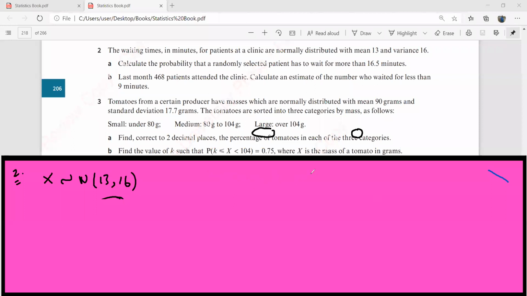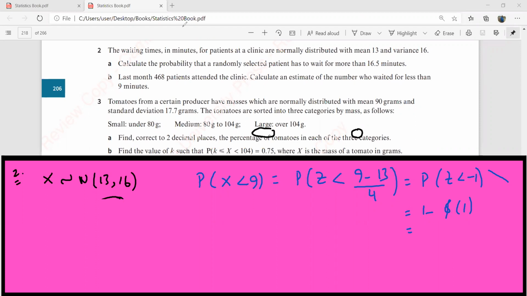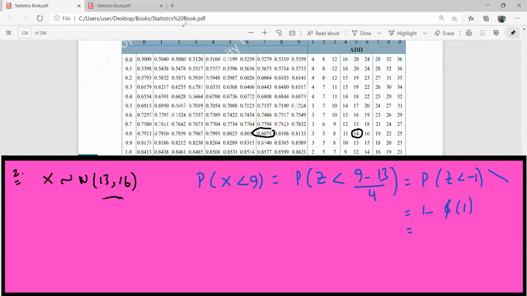This is the step where I standardize it. With this normal distribution, Z is less than 9 minus 13 over 4. This is going to be the probability Z is less than minus 1. So this will be 1 minus phi of 1. Let's see what phi of 1 is from here.